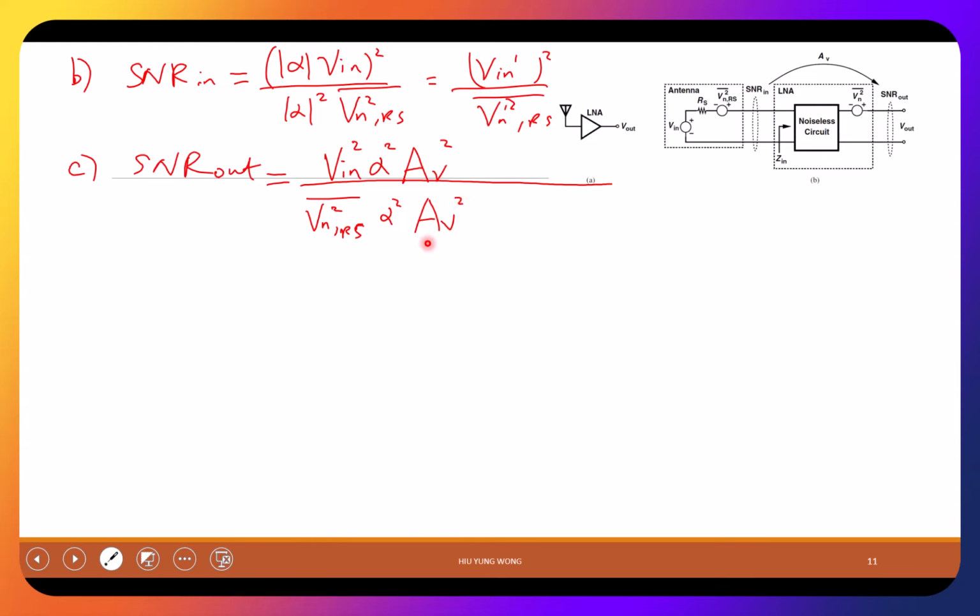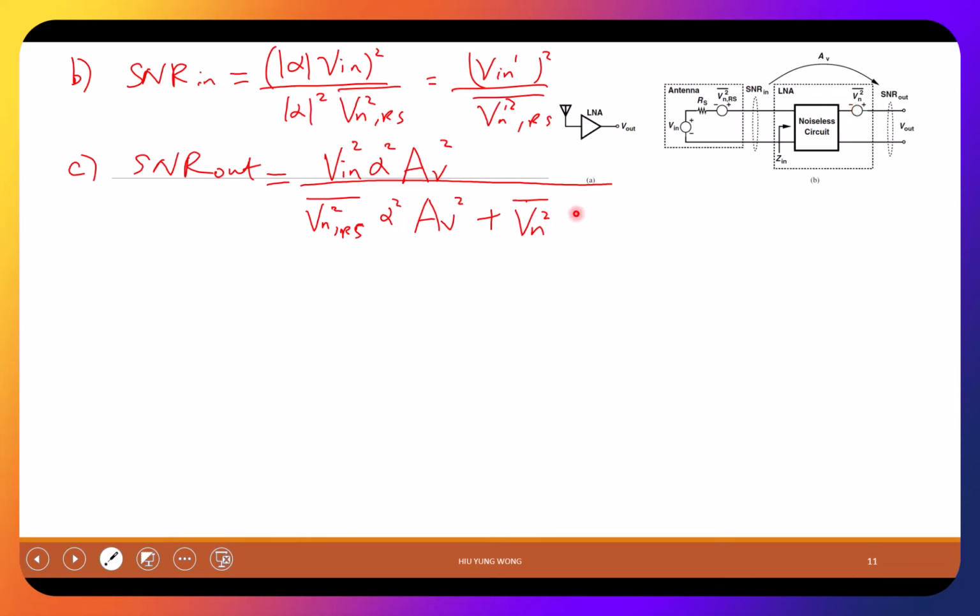If that's it, these two can cancel and you have the same signal to noise ratio as mentioned earlier. If your amplifier does not add any new noise, you are done. But it actually adds this noise, Vn square bar.